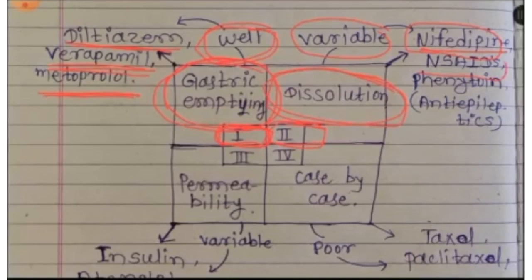NSAIDs, non-steroidal anti-inflammatory drugs like aspirin, indomethacin, ibuprofen, naproxen are examples of NSAIDs as well as class 2 drugs as per BCS classification. Phenytoin and other anti-epileptic drugs also come under class 2.